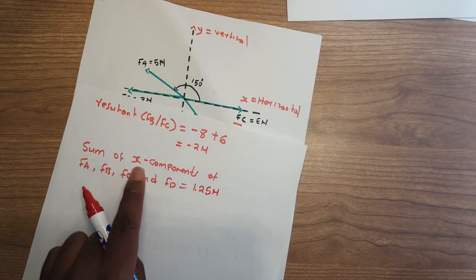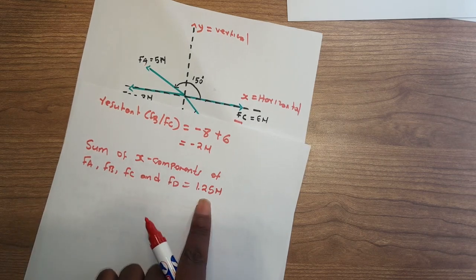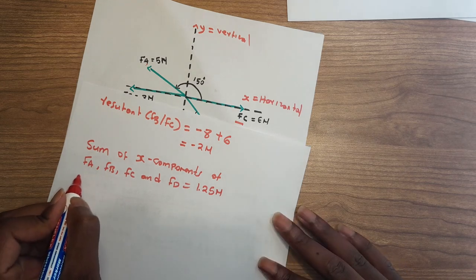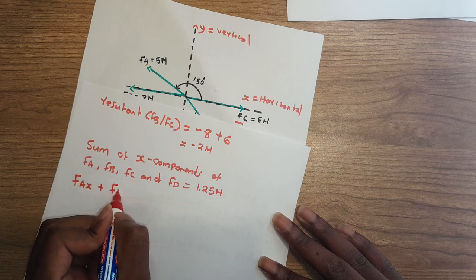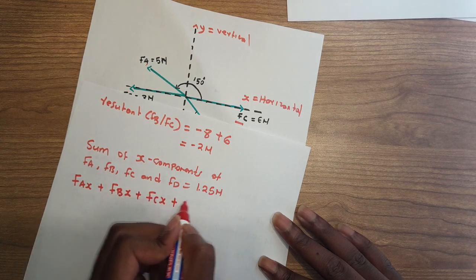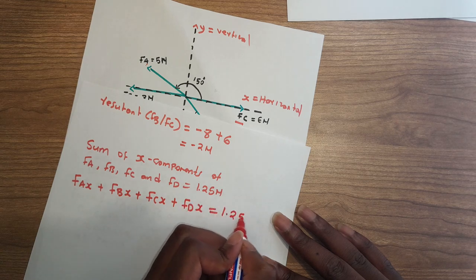So how can I find the x components of FA, FB, FC, and FD? In another way, if I add the x component of FA, the x component of FB, the x component of FC, plus the x component of FD, this should give me 1.25 newtons.